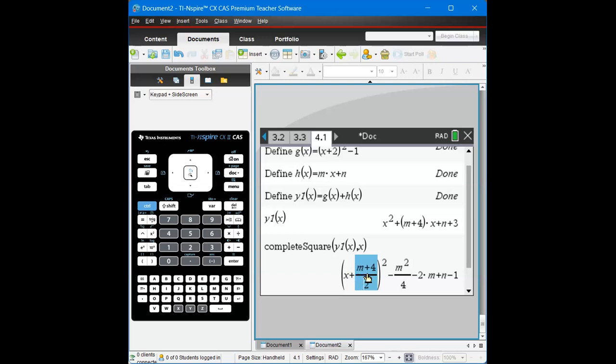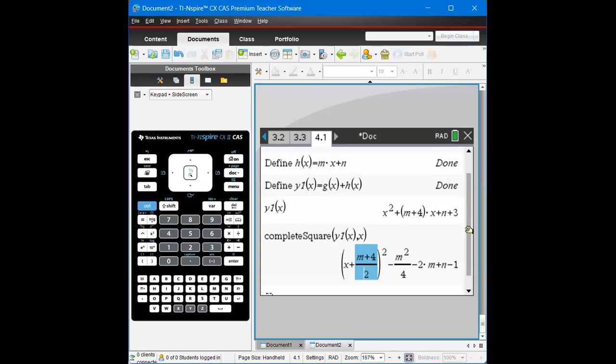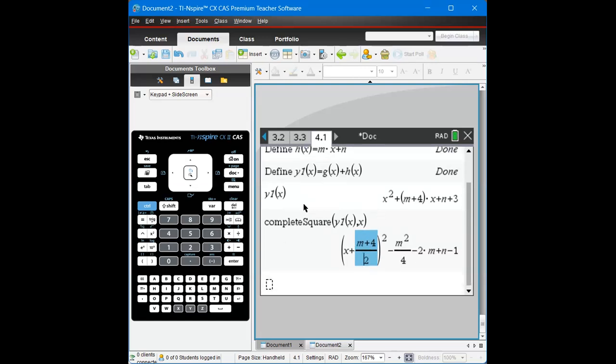So m is minus 4 apparently. Alternatively, you may want to solve the derivative of that equal to 0 and equate the x expression to 0, involving the letter m. Okay, so that is another approach. So let me just get back to the working document and write down some important steps.